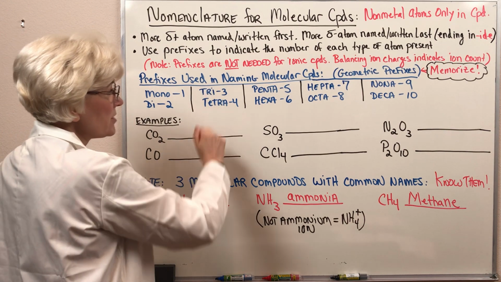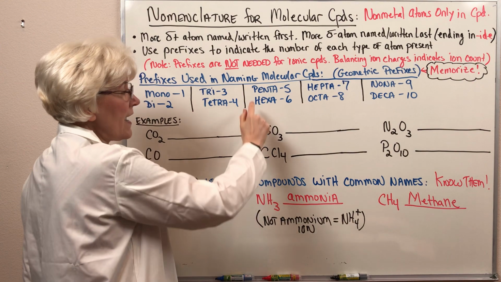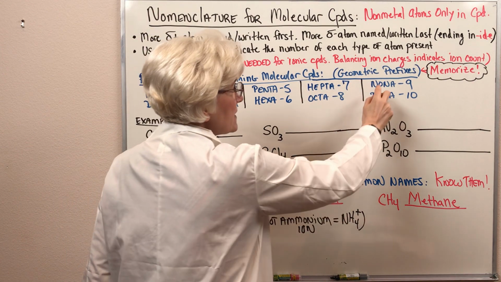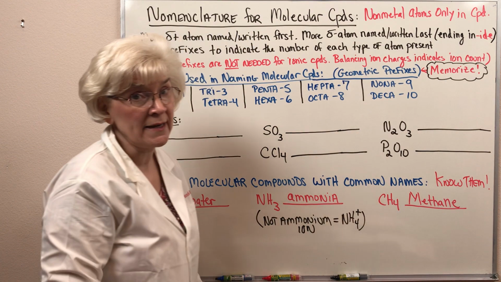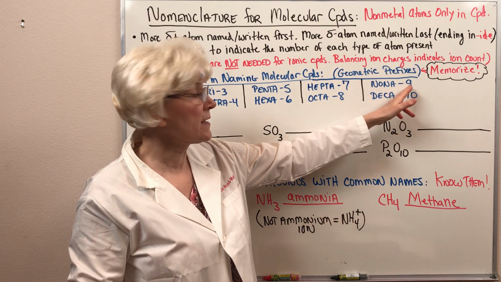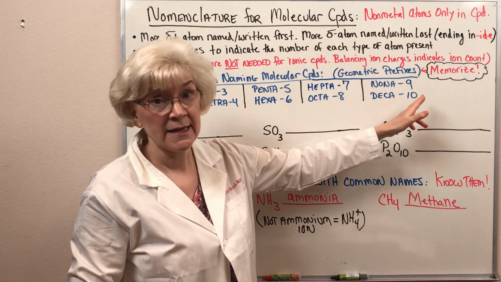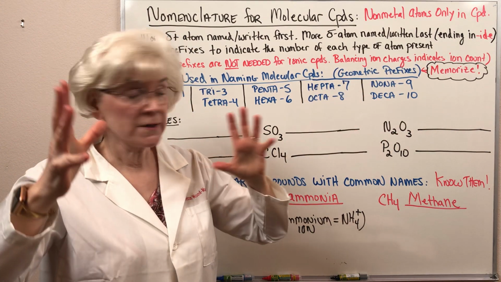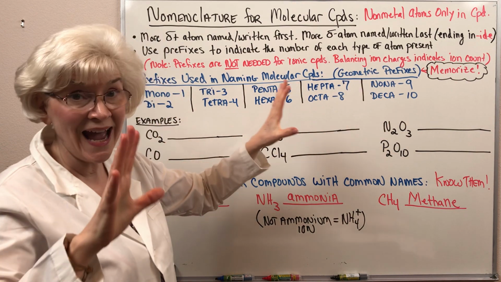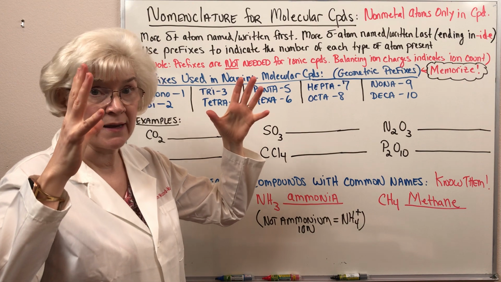Tri, 3, tetra, 4, penta, 5, hexa, 6, hepta, 7, octa, 8, nona, 9. That's not a very common prefix, so saying that again, nona, 9, and deca, 10. So hopefully these prefixes are ringing a bell to you and you already have this in your memory banks.